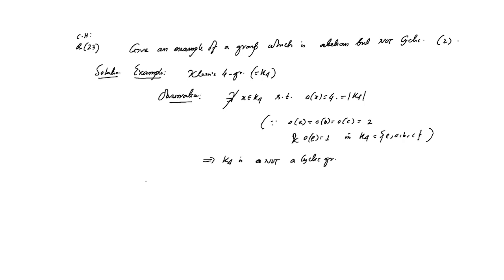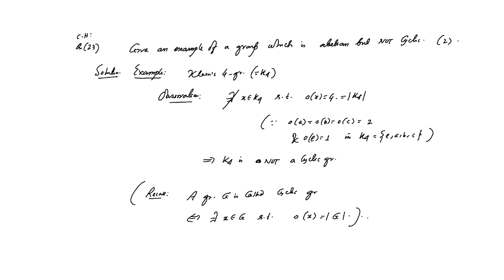Cyclic group, as we know, recall: a group G is called a cyclic group if and only if there exists an element x belonging to G such that the order of x equals the order of G. And this is not happening here.